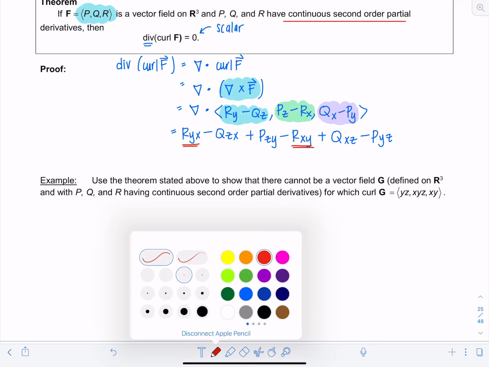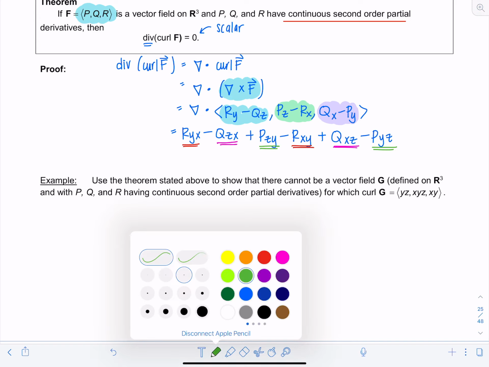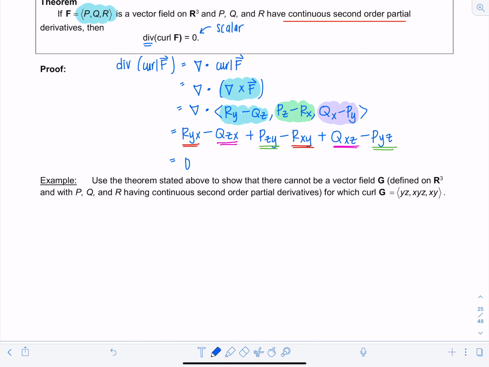Similarly, we're just going to have a bunch of cancellations. So this negative Qzx is going to cancel with Qxz. And then lastly, Pzy is equal to Pyz, so those will also cancel out. So I'm left with 0, a scalar, because Ryx is equal to Rxy, Pzy is equal to Pyz, and Qxz is equal to Qzx, since P, Q, and R are C2. Okay, and we finished the proof.